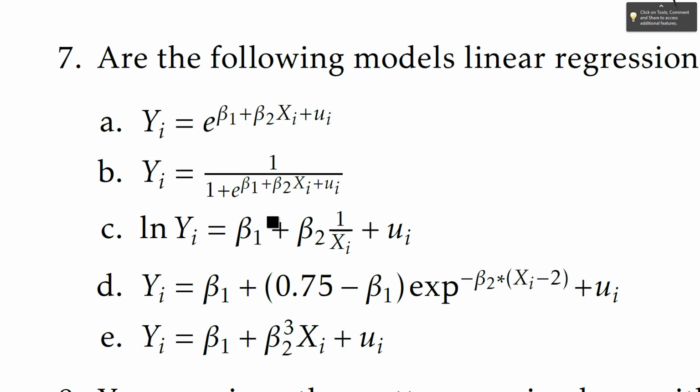Okay, D. What can you say here? You can see that there is a linear part, beta 1, 0.75 minus beta 1. This beta is unchanged.